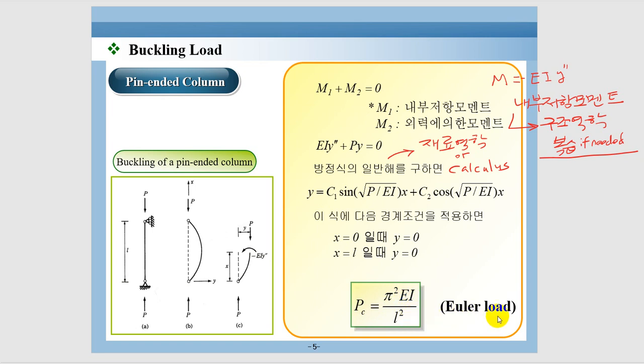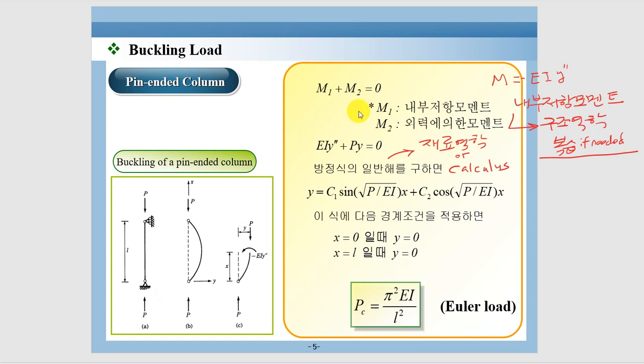We call this the Euler load. Euler load means this is the maximum load before buckling occurs. As long as you understand the meaning of this load, right? This is the Euler load, the load just before the buckling occurs. So this is the maximum load you can use before buckling of pin-ended columns.